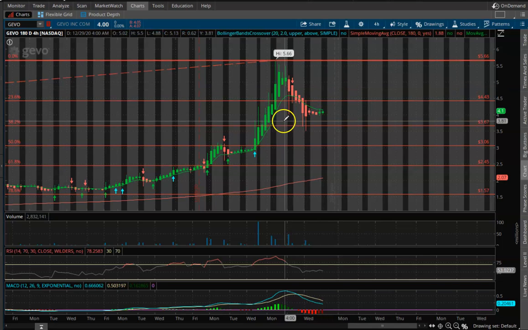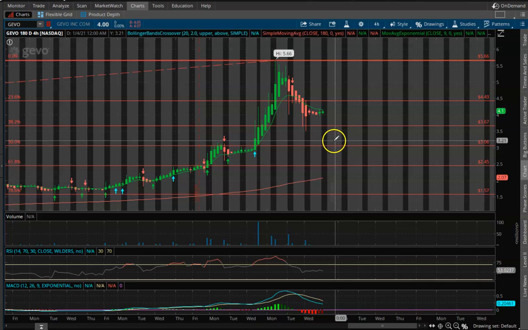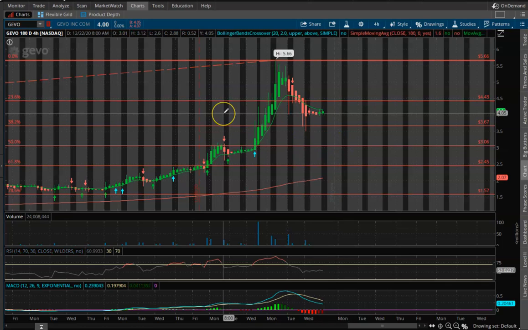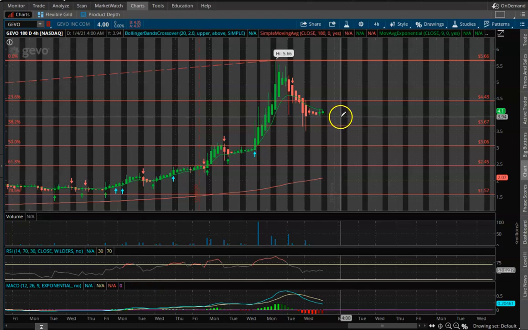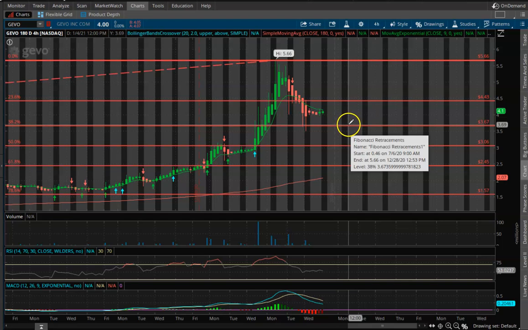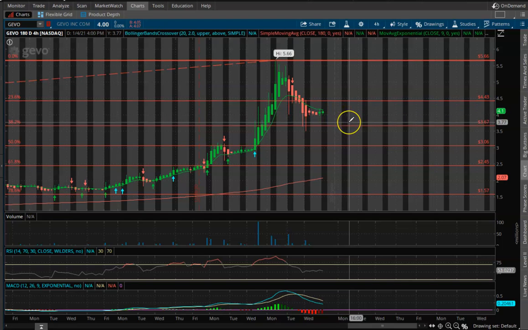Okay, so if I'm going to enter into a stock, and this would be a good example because I'm not sure exactly what's going to happen with this stock here, I'm going to watch and see if it continues to come down and test that support level. If it gets close to that support level, I'm going to watch it close and ask, is it going to bounce off?